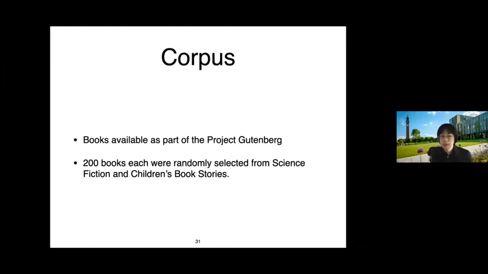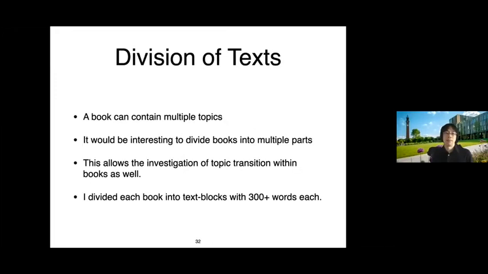A book can contain multiple topics, and it will be interesting to divide books into multiple parts because it allows us to investigate topic transition within books as well. Without this, we can identify a mixture of topics within a book.